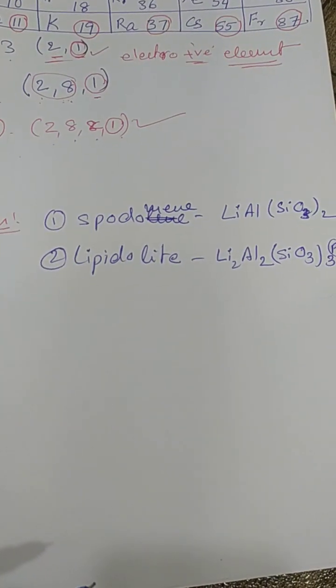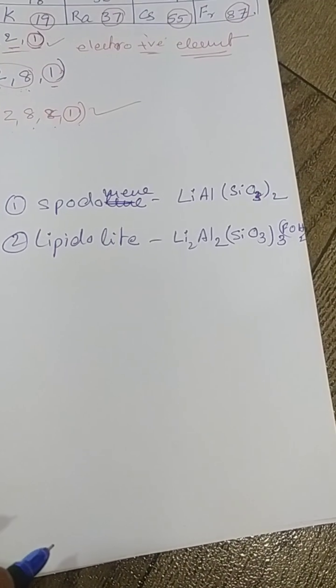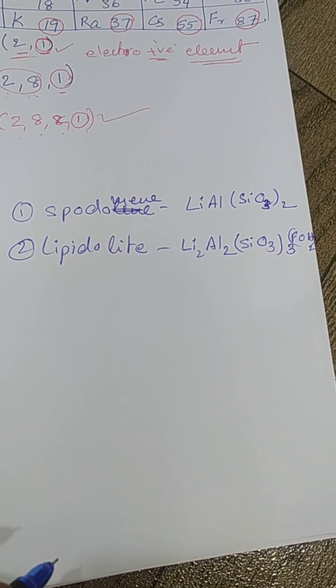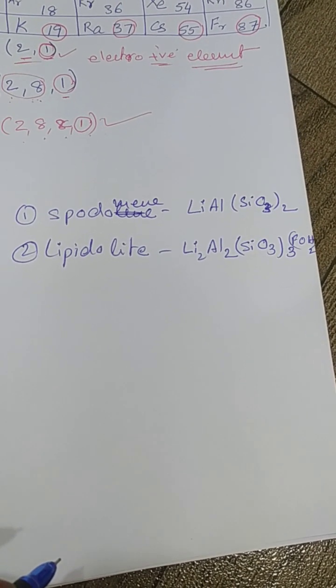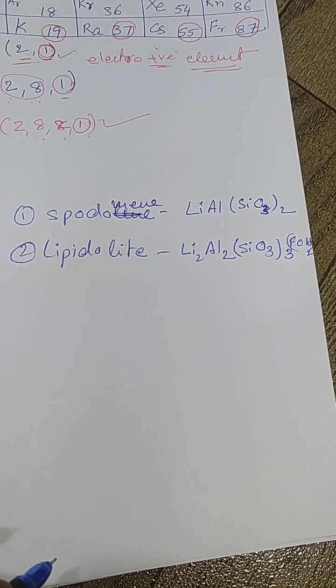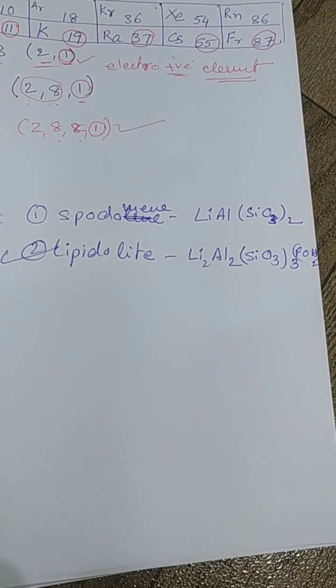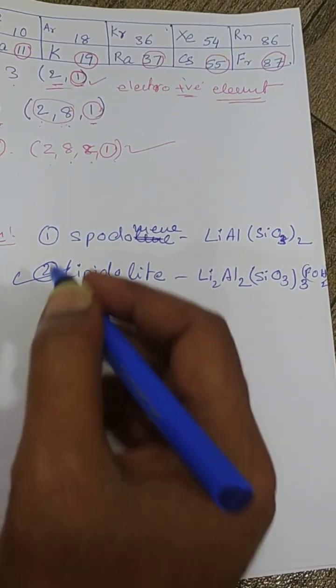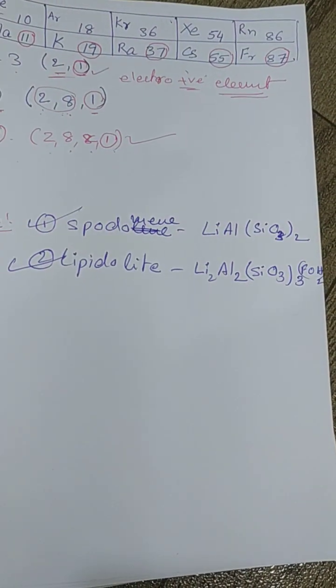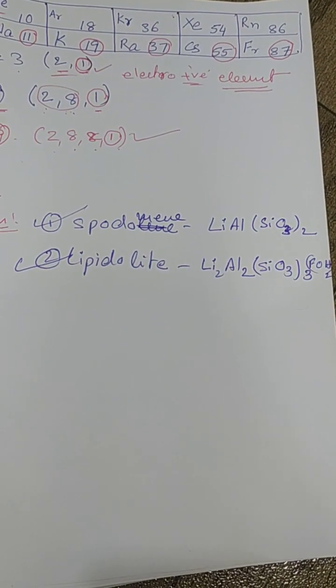So these two are the lithium ores: one is spodumene, the second is lepidolite. Lepidolite is a lithium aluminum silicate with fluorine hydroxide, and spodumene is lithium aluminum silicate. Lepidolite is the high yield lithium compound. Spodumene is also good, but its yielding capacity is very low.